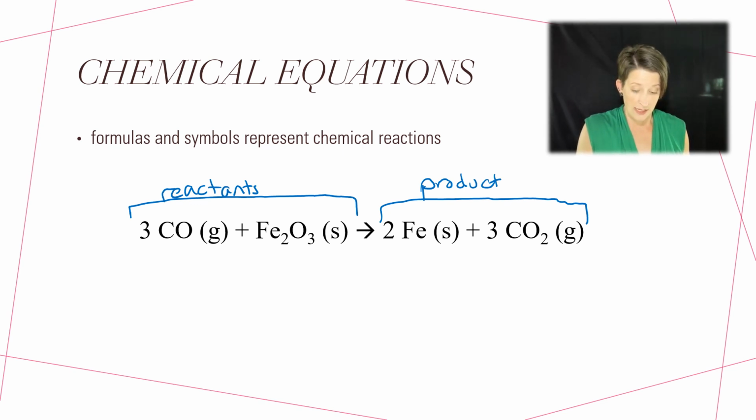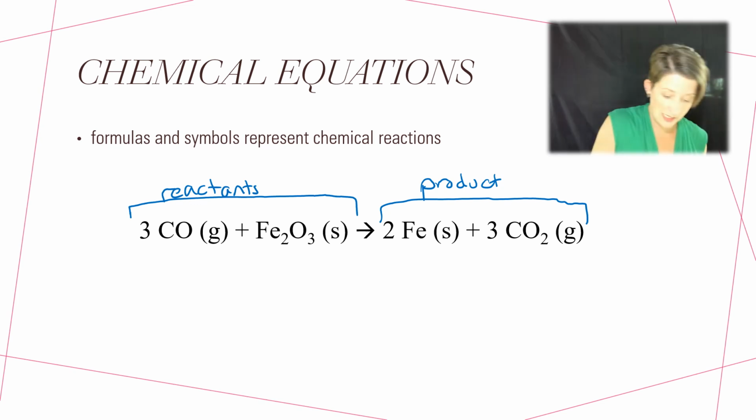Then, diving in a little bit deeper, and I'm just going to read this from left to right, we have these larger numbers in front of these chemical compounds. These are called coefficients.